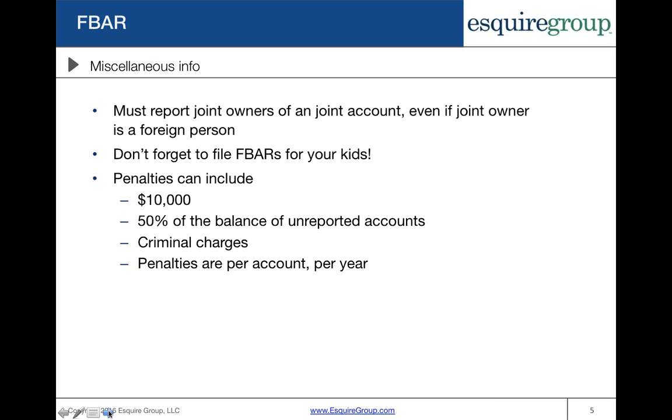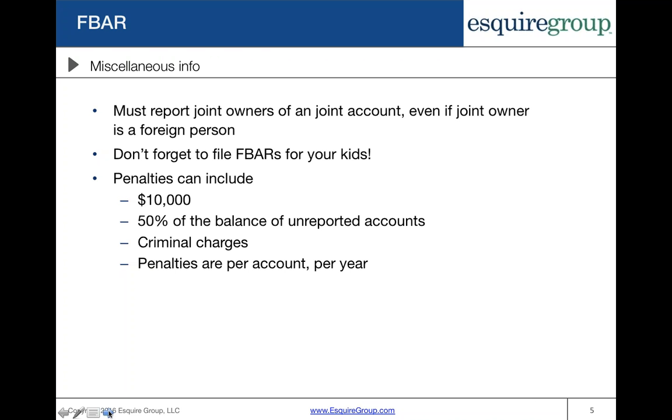Another nuance that a lot of people forget about is that there's not really an age requirement in terms of when the FBAR filing requirement is triggered. So, for example, if you have a child and you've set up a savings account, or somebody set up a savings account, or any other type of foreign financial account for this child, and those accounts have a value of $10,000 or more, that child's going to have an FBAR filing requirement, and it's going to be their parent or guardian's responsibility to file an FBAR on behalf of that child.